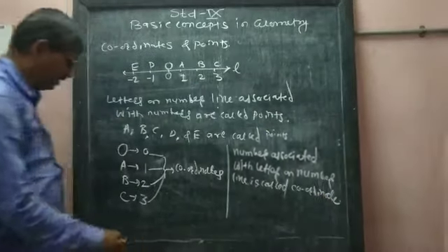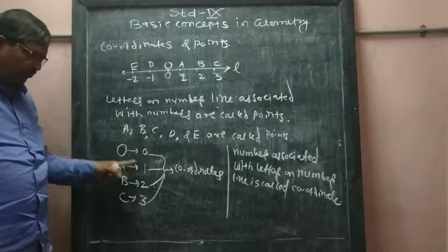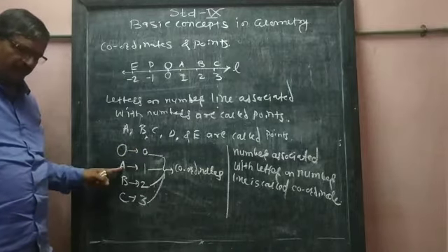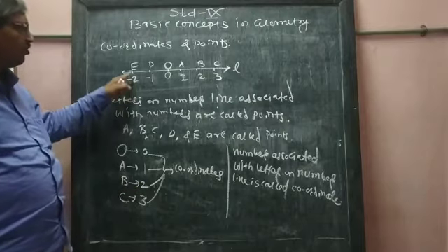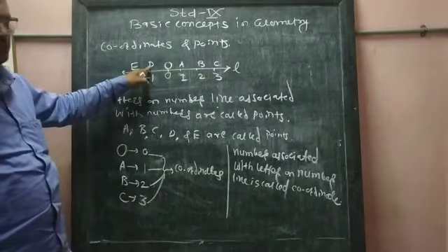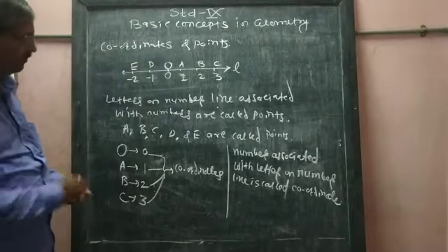Now here examples are mentioned. 0 is the coordinate of point O, 1 is the coordinate of point A, 2 is the coordinate of point B, -2 is the coordinate of E, -1 is the coordinate of D.